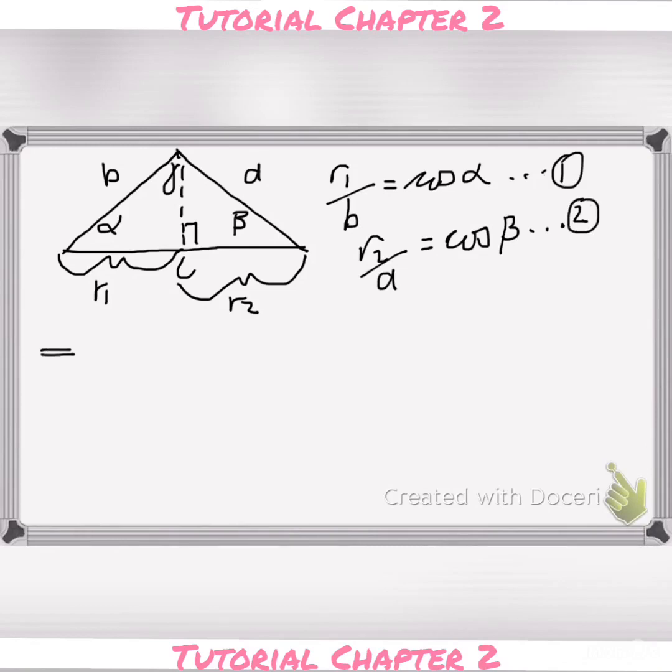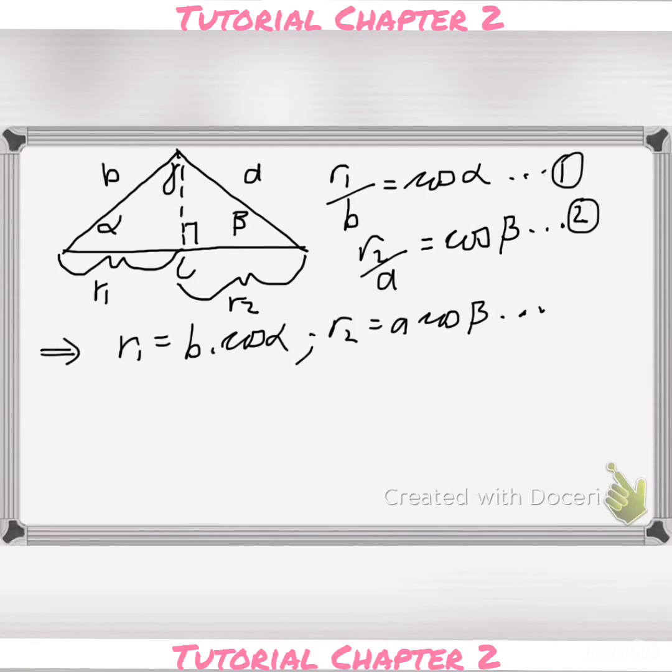From there we can solve for R1 as B times cos alpha, and for R2 as A cos beta.